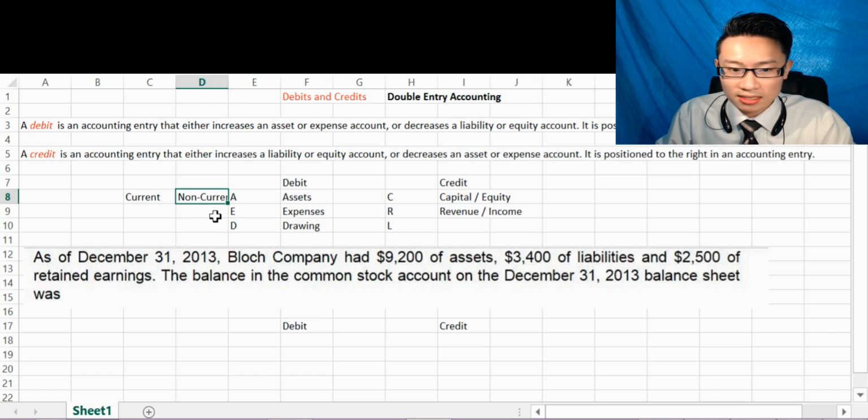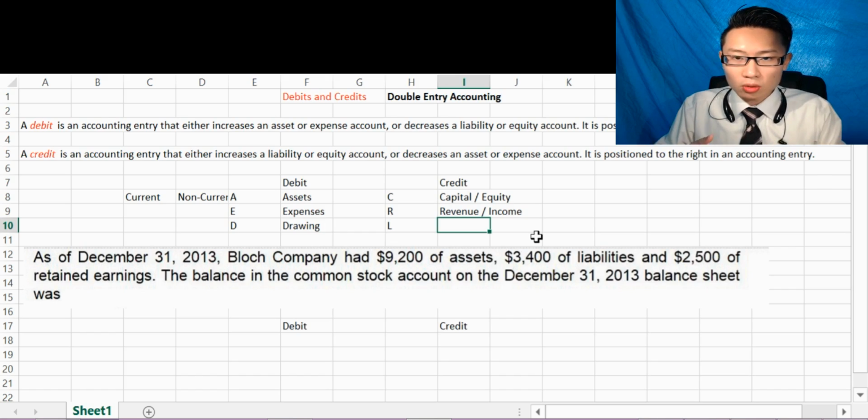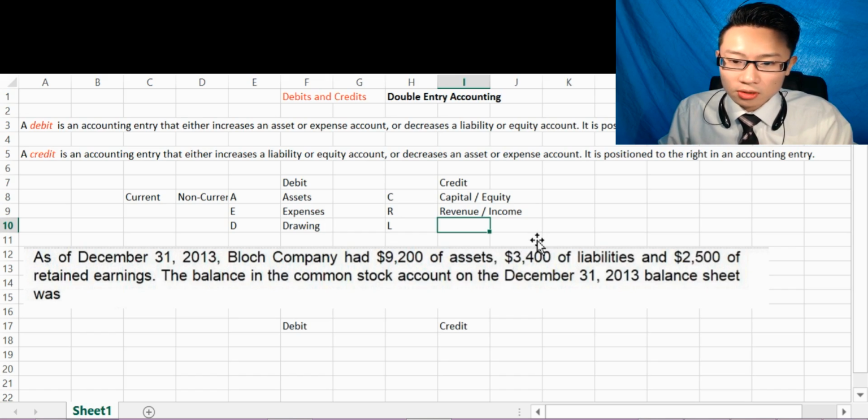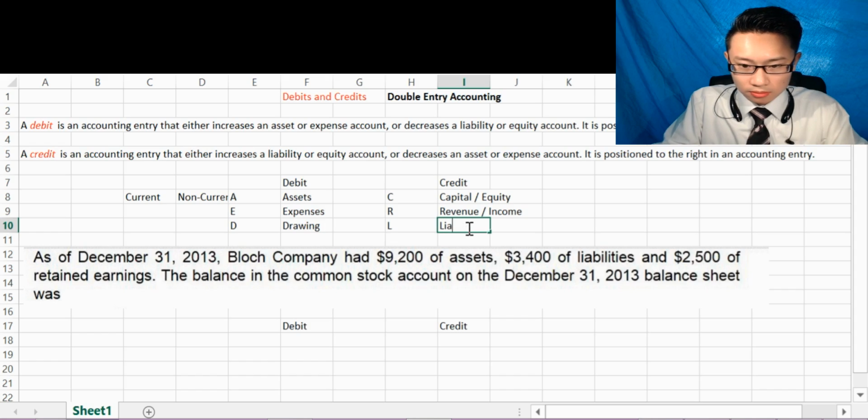These are large assets such as land and buildings, which are non-current because they are within the balance sheet for more than a year. I'll give you more definitions in my other tutorials, but I just want to give you the basics of what differentiates a debit or a credit. So a liability is a credit account, and that can also be current and non-current.